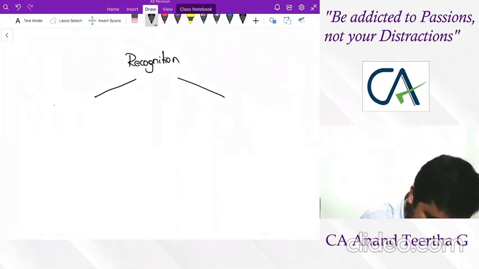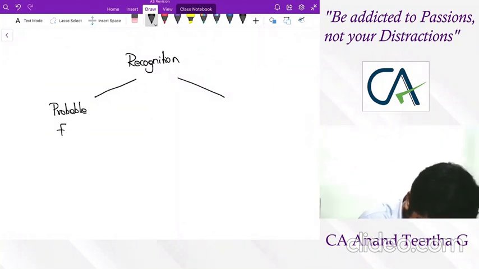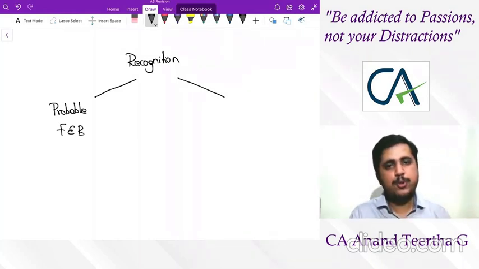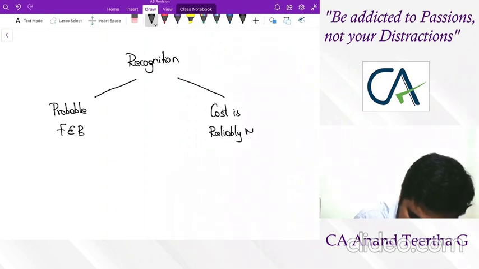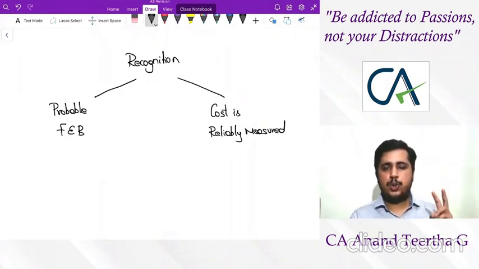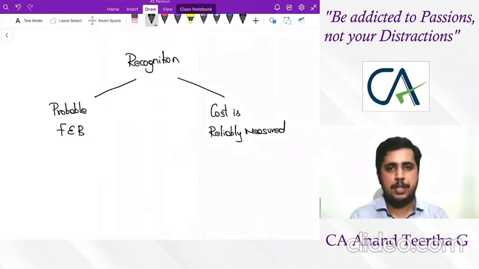One, probable future economic benefit will flow to the enterprise. FEB, future economic benefit. Then, cost is reliably measured. Okay, so two major conditions for recognition purposes. This particular asset should provide you future economic benefit, and cost is reliably measured for this particular asset.